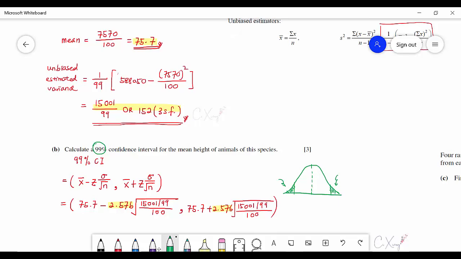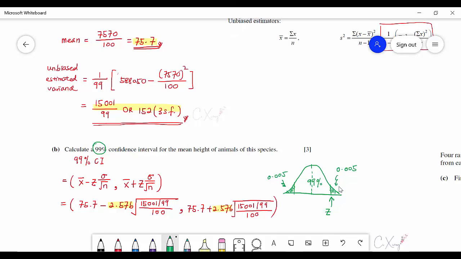you have some area here, and you have to make sure that the center part is 99%. So if the left and right hand sides are balanced out, then this one will be 0.05, this one will be 0.05... wait, no, it should be 0.005. Then this one is 0.005, and the center part here will be 0.99, so that when you add up, it equals 1.